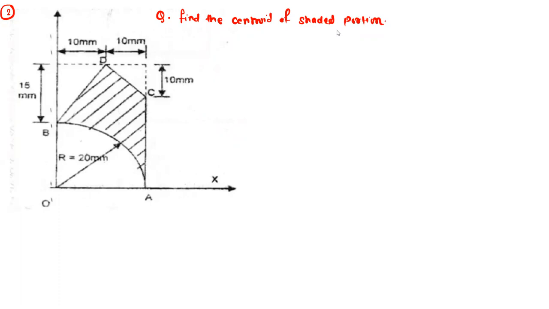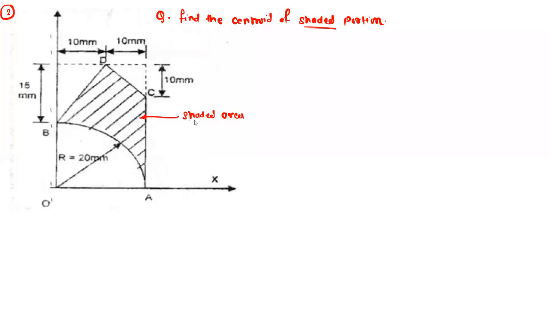The shaded portion is not a standard geometrical shape. So by observing the given geometry and by referring to the standard geometrical shapes, we have to divide the geometry into standard shapes, and from that we have to find the required shaded area. This is the required area, which is this shaded area.